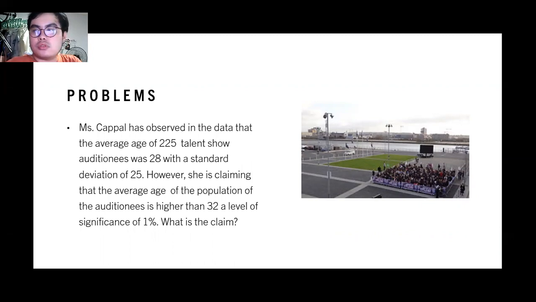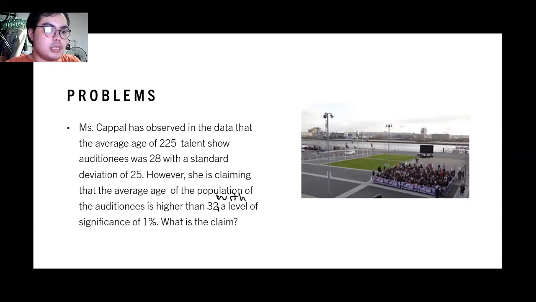Okay, I had made a typographical error, so it should be with a level of significance of 1%. So this means that the significance level is 1%. I just forgot to place the "with".